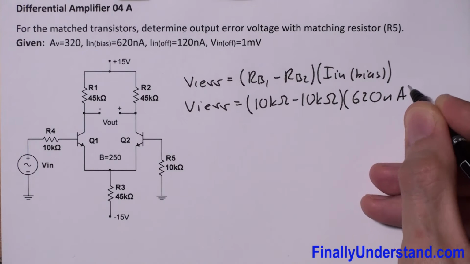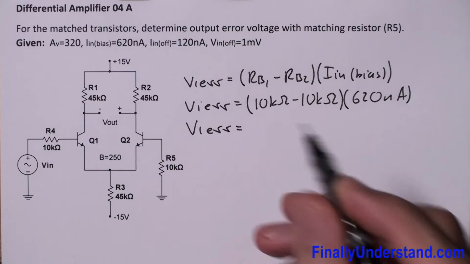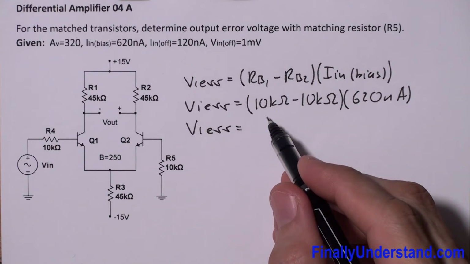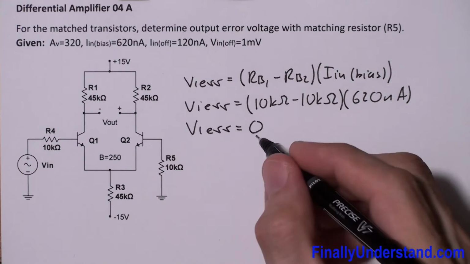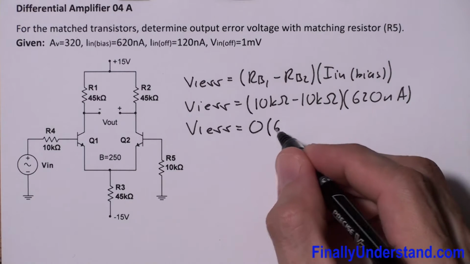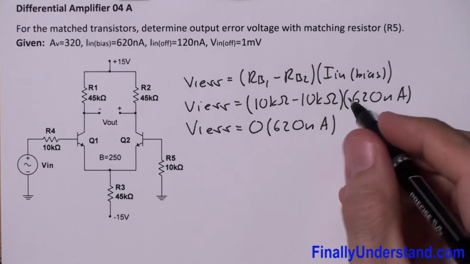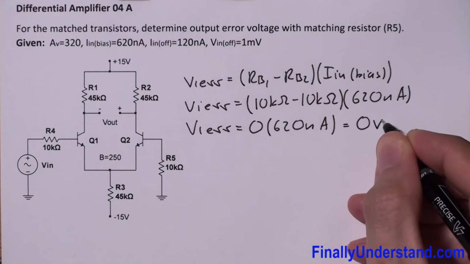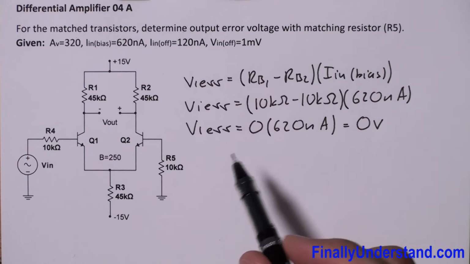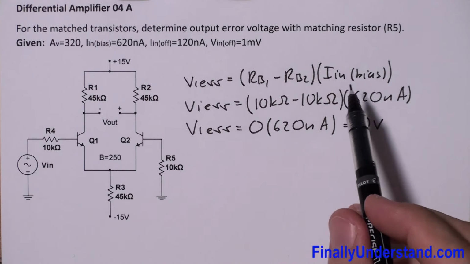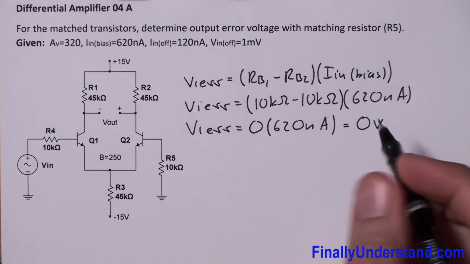So V1 error: 10 kilo ohms minus 10 kilo ohms is 0, and 0 times 620 nanoamps is equal to 0 volts. Please notice that my input error voltage due to the input bias current is equal to 0. So this is a very good sign.